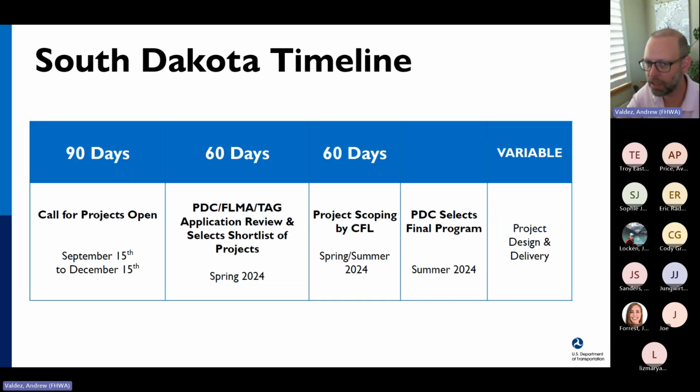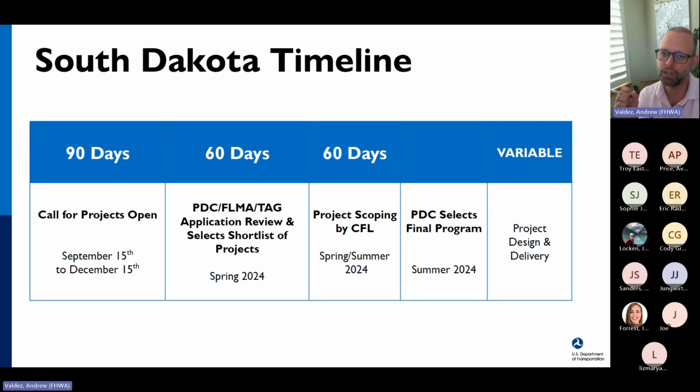And here's our timeline for South Dakota. As we've said, we'll have the call for projects open September 15th to December 15th, 90 days. We're targeting to have the deliberative process complete sometime in the spring of next year.